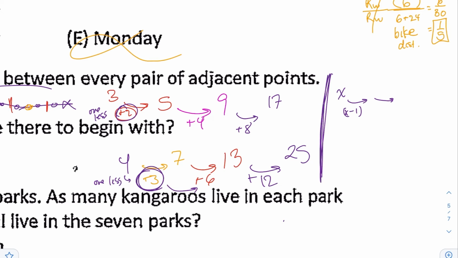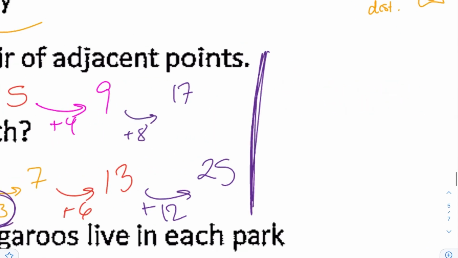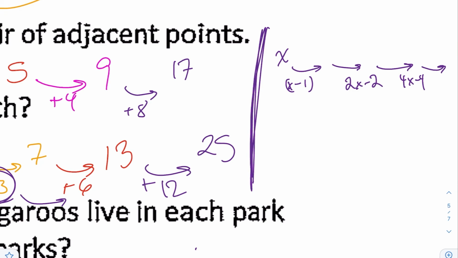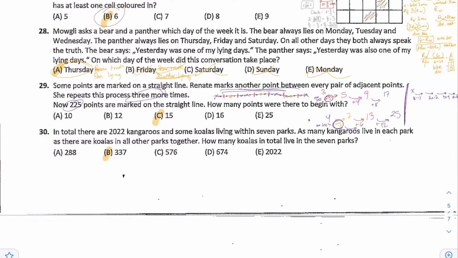So if you double X minus 1, you get 2X minus 2. The third round, you'll be doubling this, which will be 4X minus 4. The fourth round, because you do this total 4 times, will be 8X minus 8. Again, you do this once here, and then 3 more times, so you do this total 4 times.